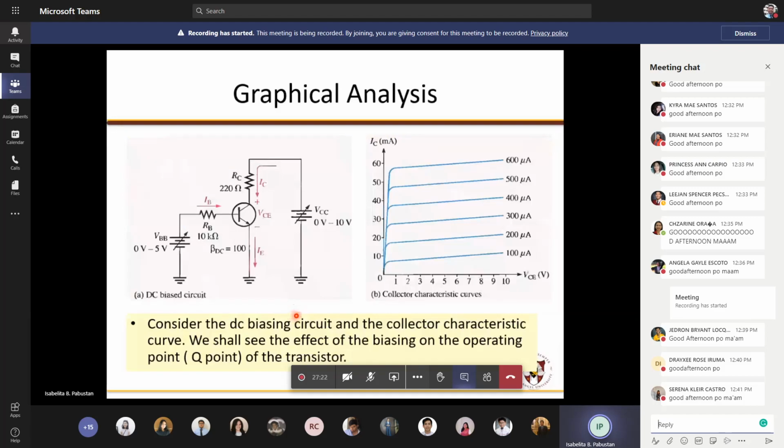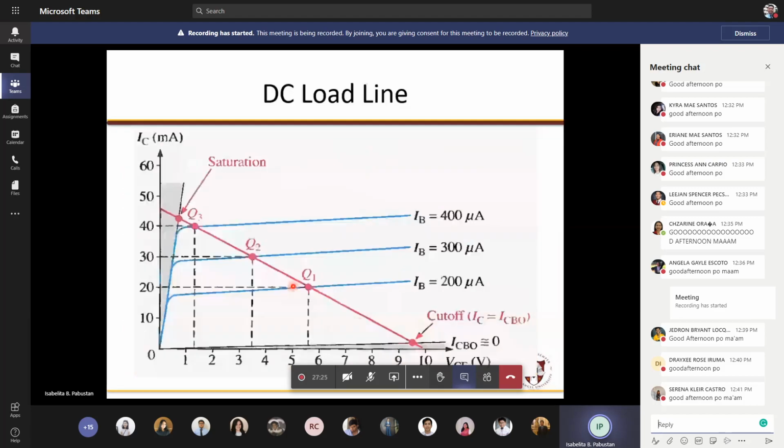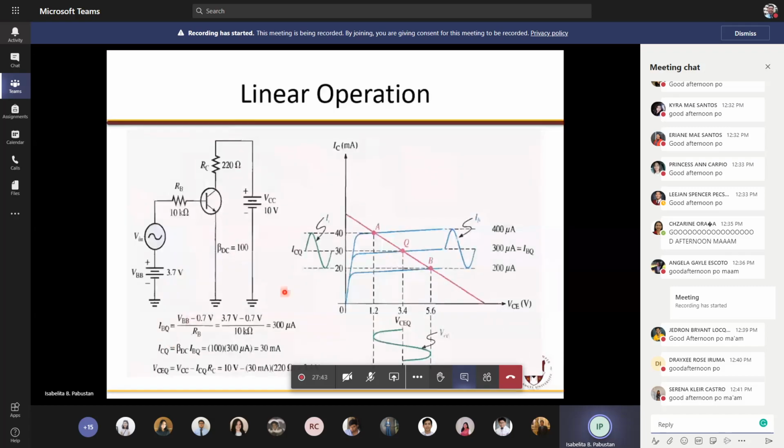Now, going back, you have here different Q points. You have the Q1, the Q2, and the Q3. This point is called your cutoff, and this is your saturation. Now, looking at this, we have here these values.